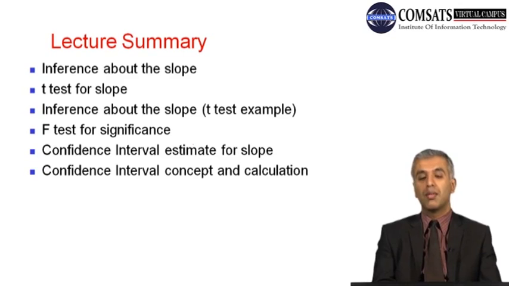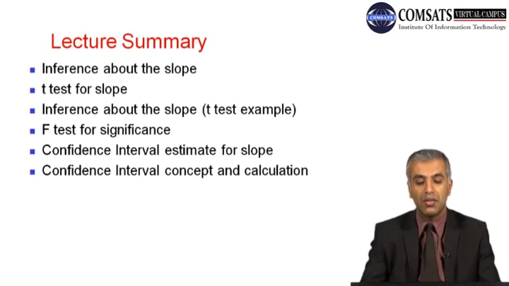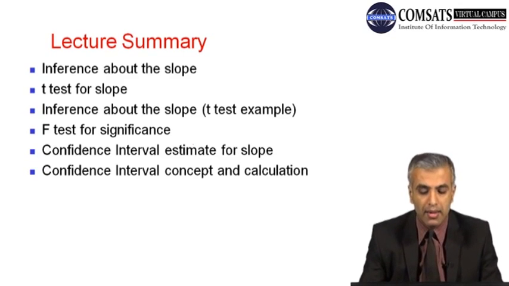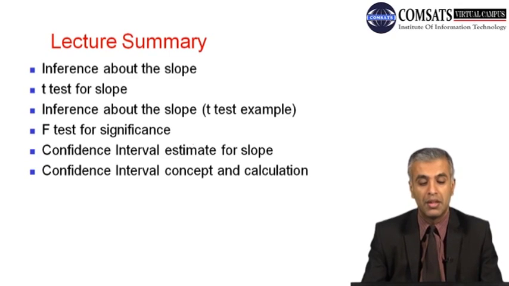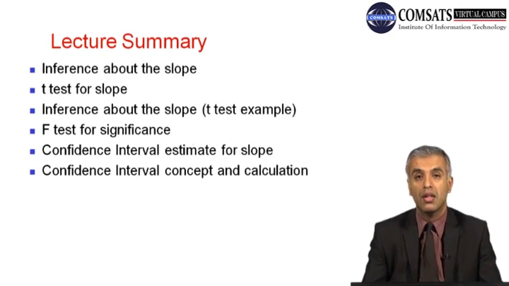What was the concept behind that was also discussed, then we had the calculation drawn, what was the typical formula used, how we can carry out various calculations for the confidence interval, and what would be the interpretation for the whole model in this case.